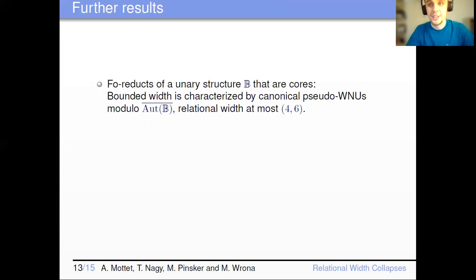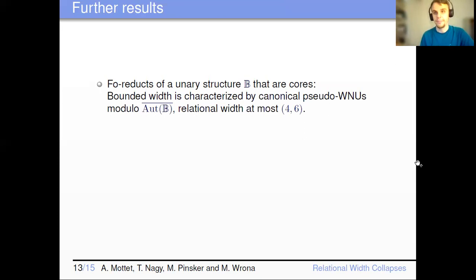Now I would like to also shortly mention the other results that we were able to show in this direction. If we consider reducts of unary structures that are coarse, so whatever unary structure we take, then bounded width is again characterized by canonical pseudo-weak NUs modulo the closure of the automorphism group of B. And if they have bounded width, they have relational width at most 4,6.